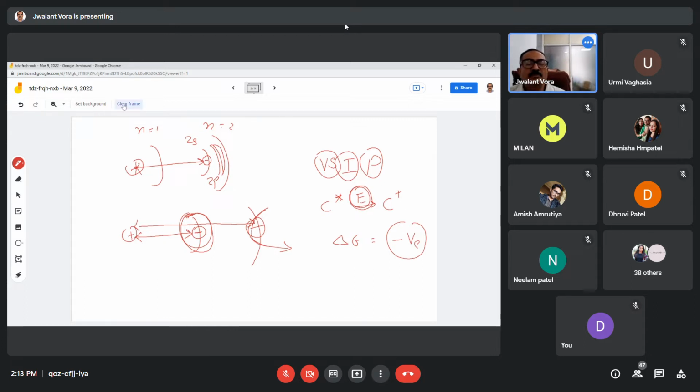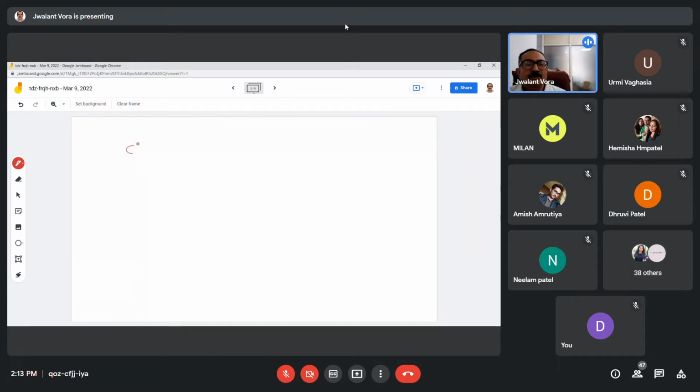So carbon excited state plus potential to convert it into C plus. This is said to be VSIP.